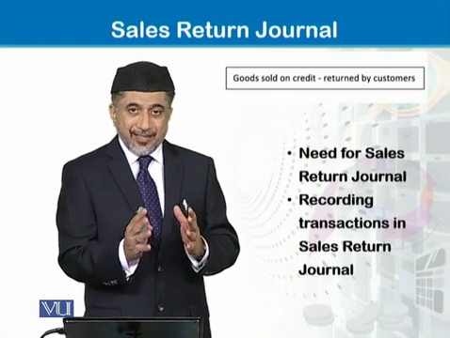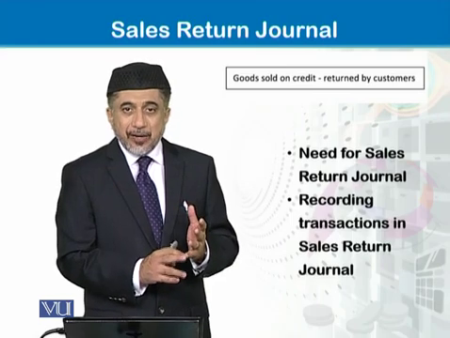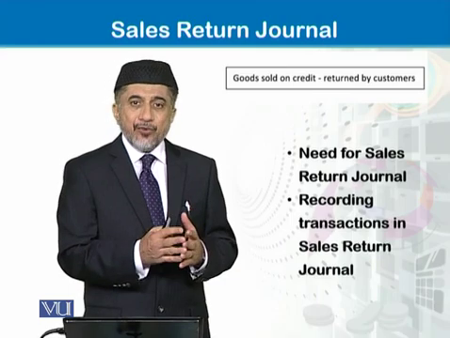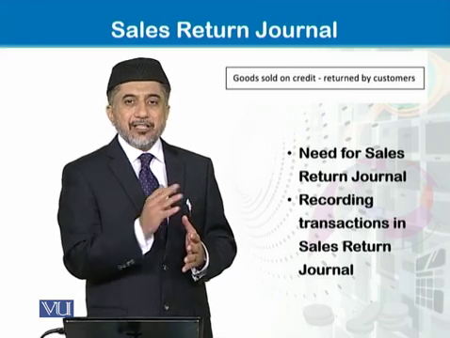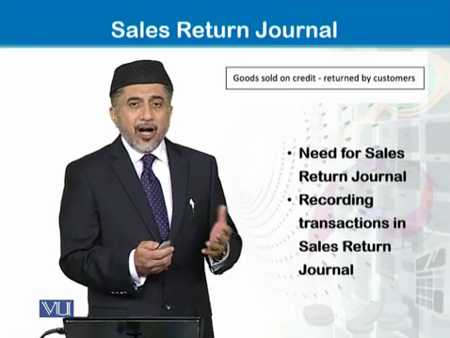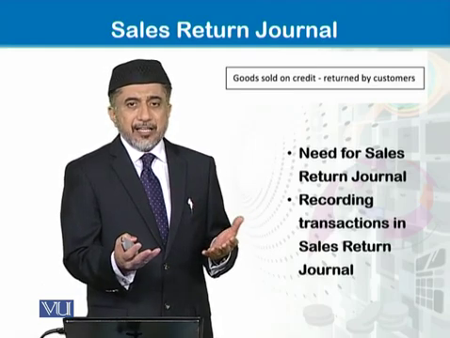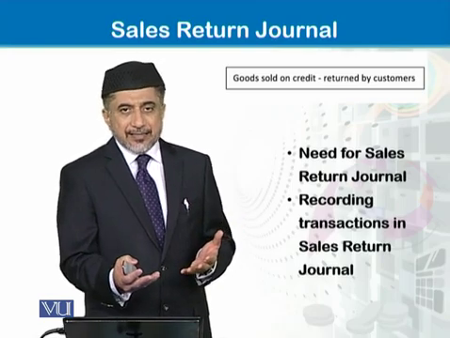All right? Yes. If there are so many sales returns against credit sales, then we will prepare a sales return journal. And how will we prepare it? The same way. The single effect will be shown in the sales return journal.